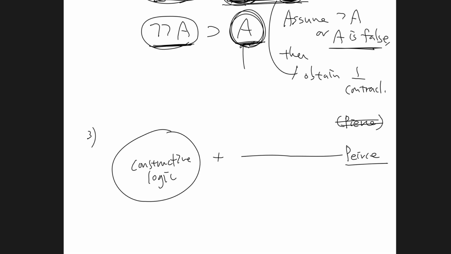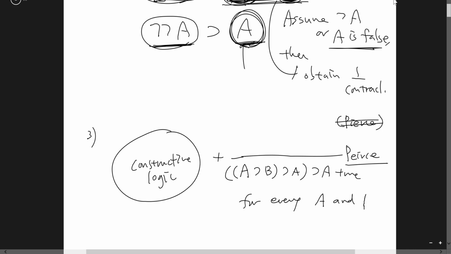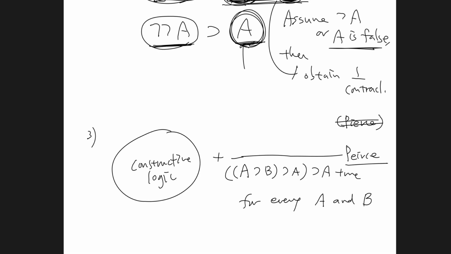And this Peirce's law says we have A implies B implies A implies A is true for every proposition A and B. So that's another way to obtain classical logic as an extension of constructive logic.